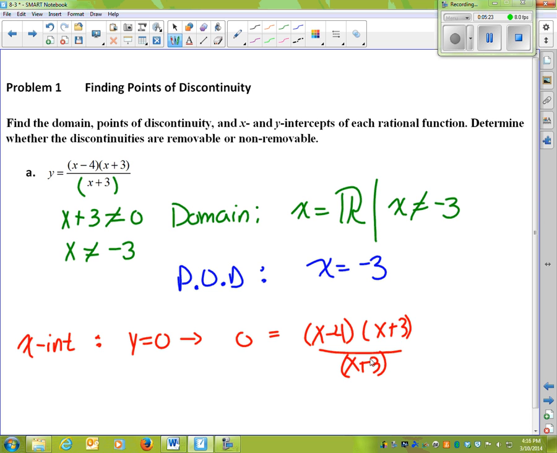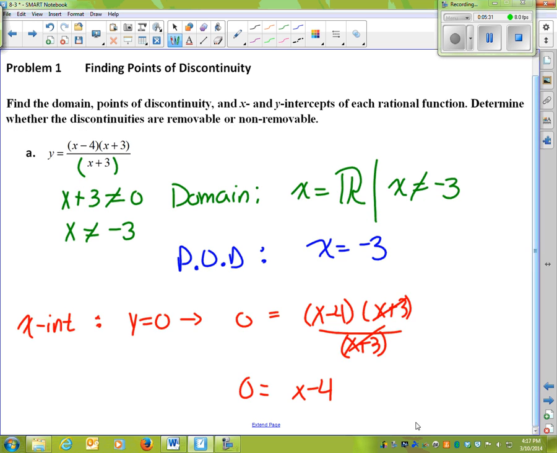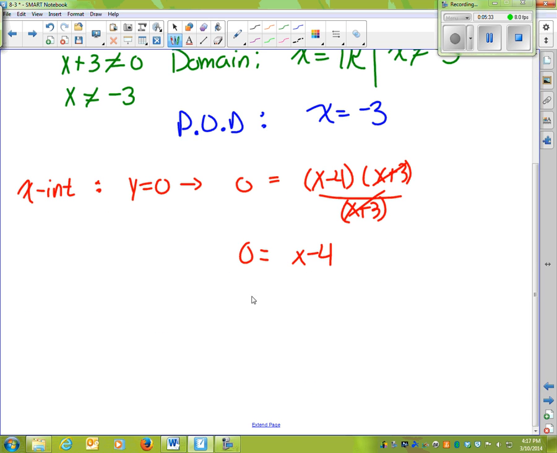The binomials x plus 3 can cancel, leaving me with 0 equals x minus 4. Add 4 to both sides, and x is equal to 4. So my x-intercept, when y is equal to 0, written as an ordered pair, is 4, 0.